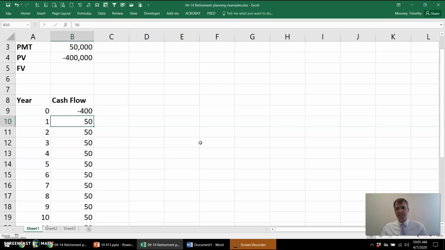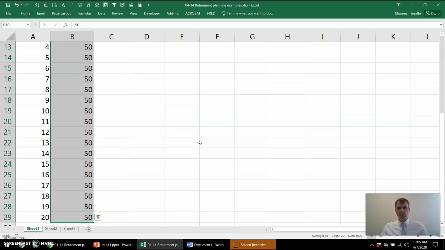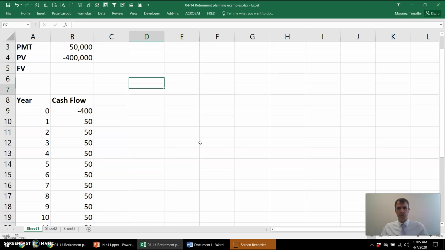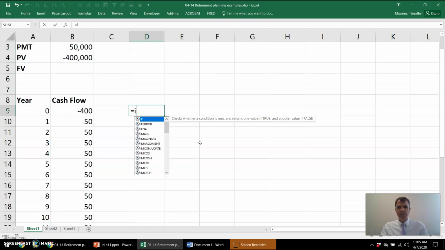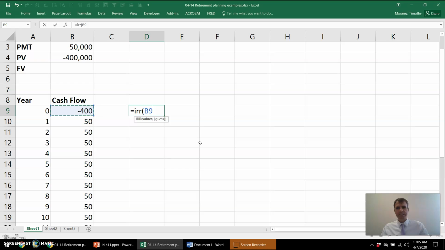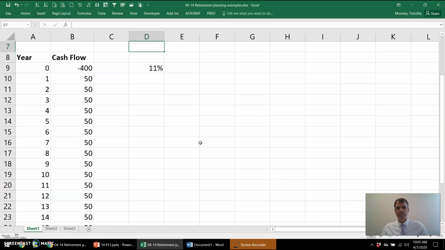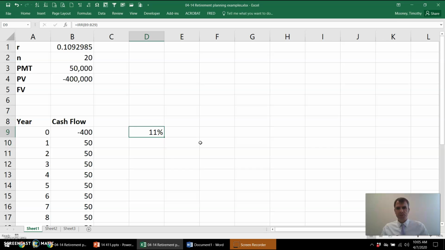What discount rate gives these 20 annual withdrawals a present value that adds up to exactly $400,000? The IRR function is set up to tell us that nicely. We should get the same result if we use the IRR function, the internal rate of return of this cash flow stream. Comes out to be 11% again. And then if we remove the formatting, it's the same result.